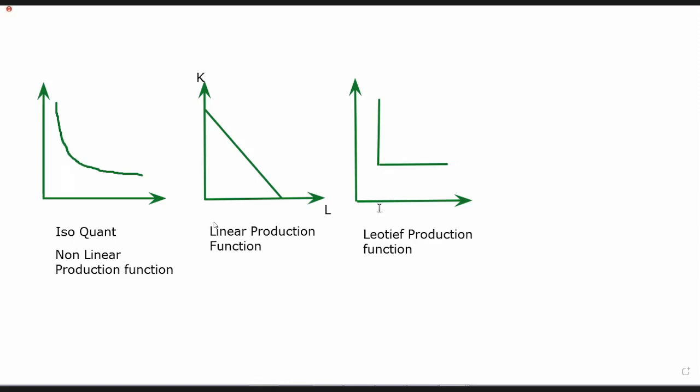So we can identify these types of production functions in the long run. This is linear, this is Leontief, and this is isoquant or non-linear production curves. So the economists Cobb and Douglas together found this non-linear production function, the Cobb-Douglas production function.